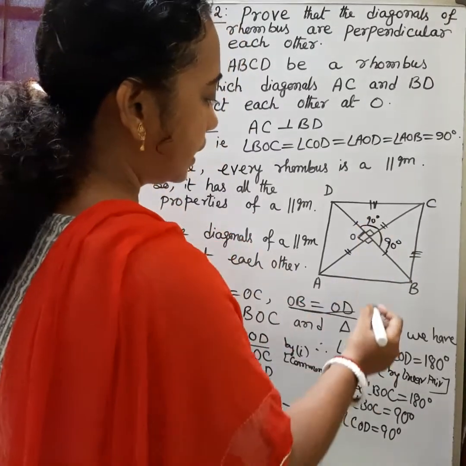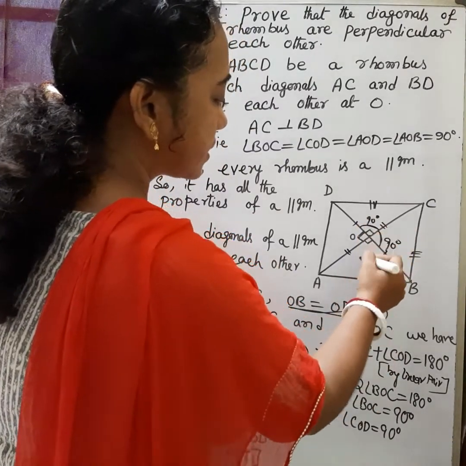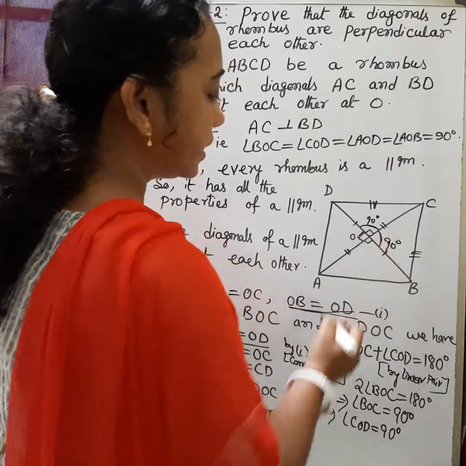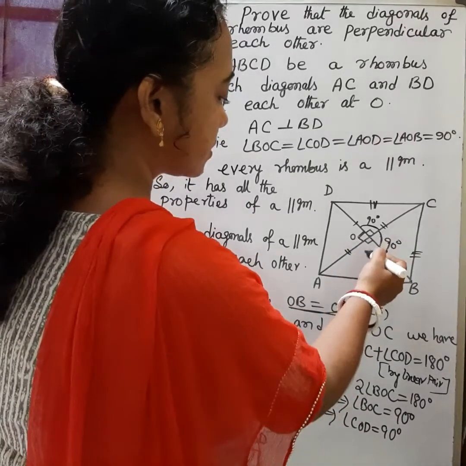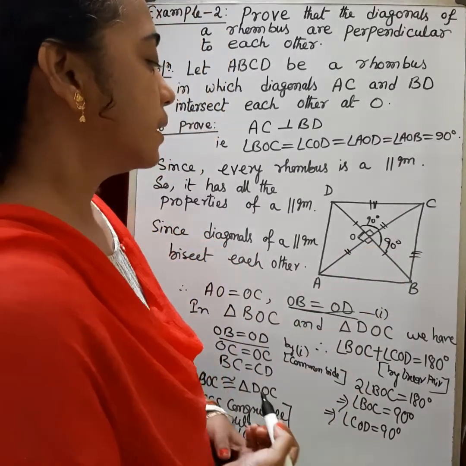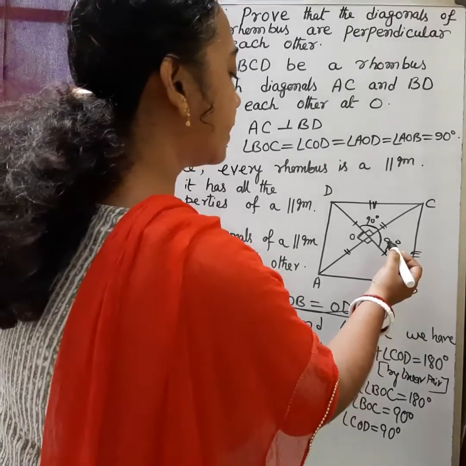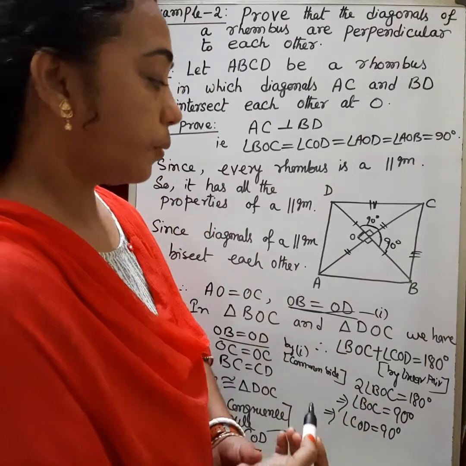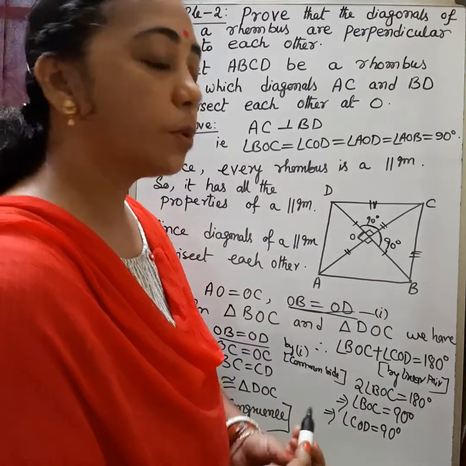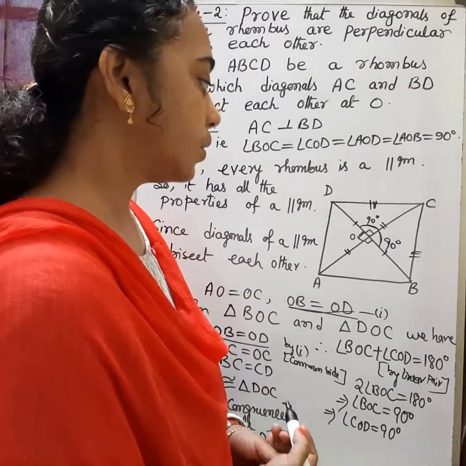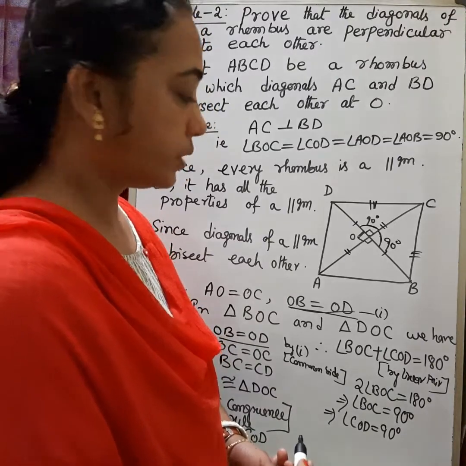Now these two angles are forming a linear pair of angles because these two are adjacent and they are forming angles on a straight line. So if two angles are forming a linear pair of angles, and if one of the angles is 90 degrees, then the other angle will also be 90 degrees.